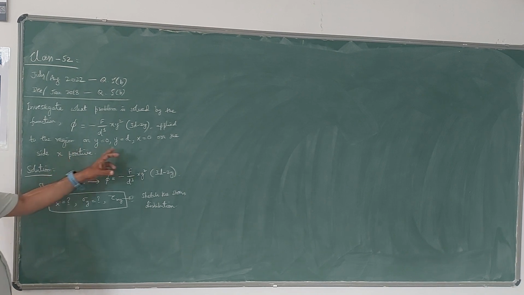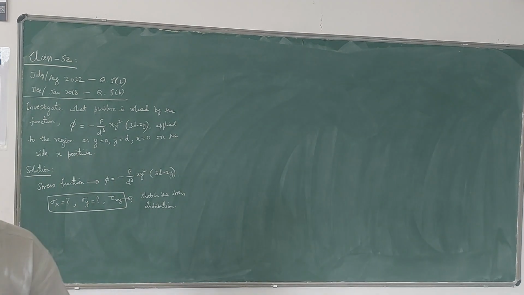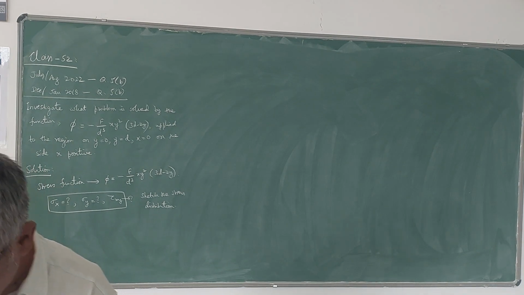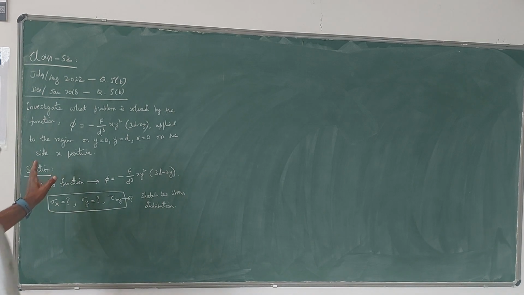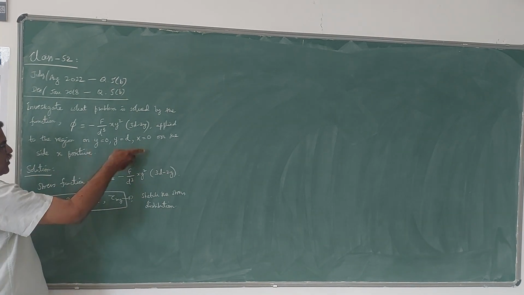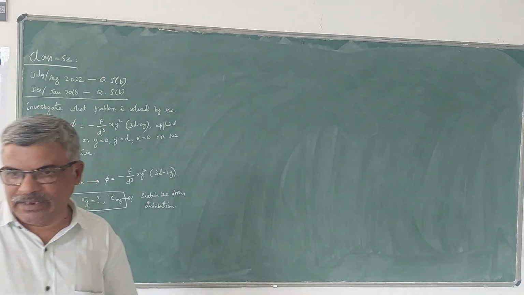He has given the boundaries for x and y. So x can vary from 0 to L, because x positive means 0 to L you can take. Y varies from 0 to D. That is the meaning.